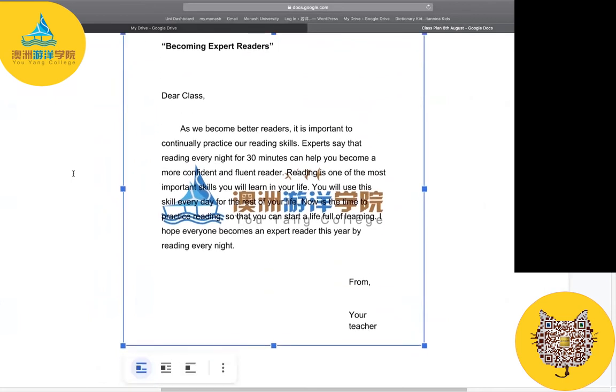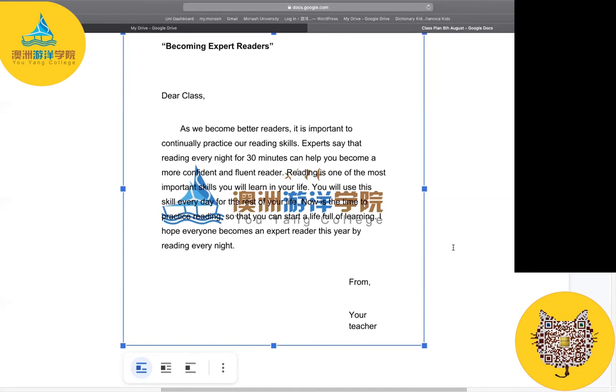Awesome. Okay, Hans is going to read this to us. We need to listen carefully because I'm going to ask you questions on it. Dear class, as we become better readers, it is important to continually practice our reading skills. Experts say that reading every night for 30 minutes can help you become a more confident and fluent reader.